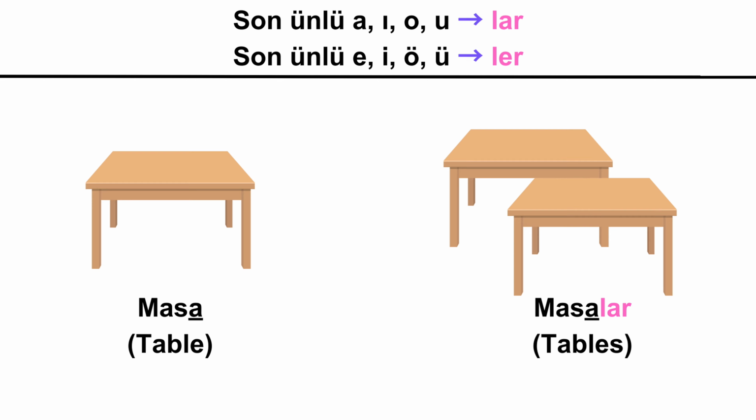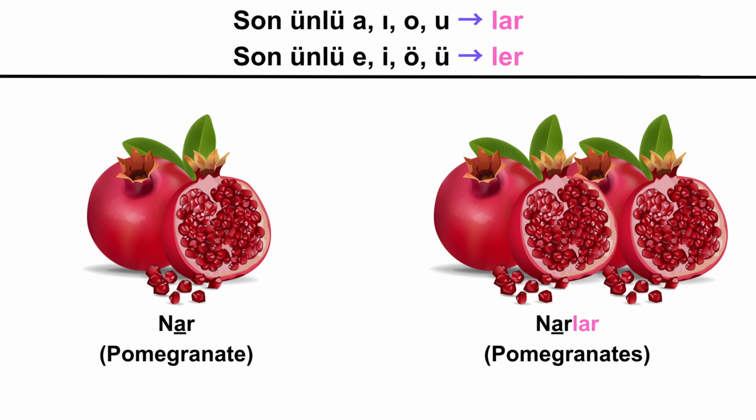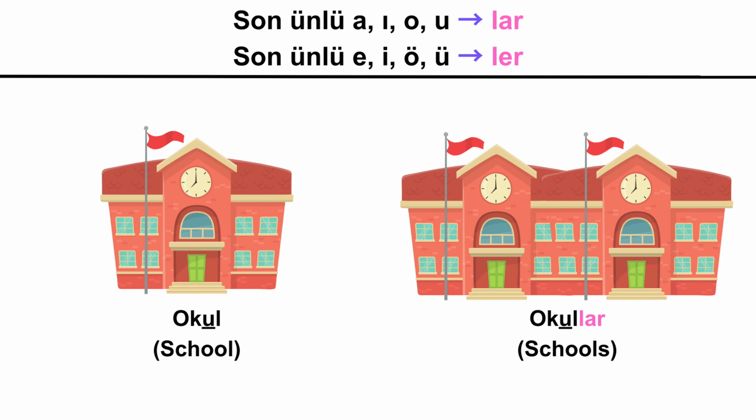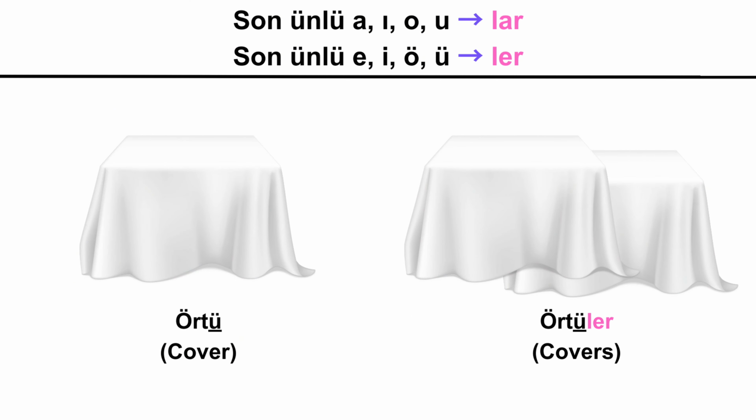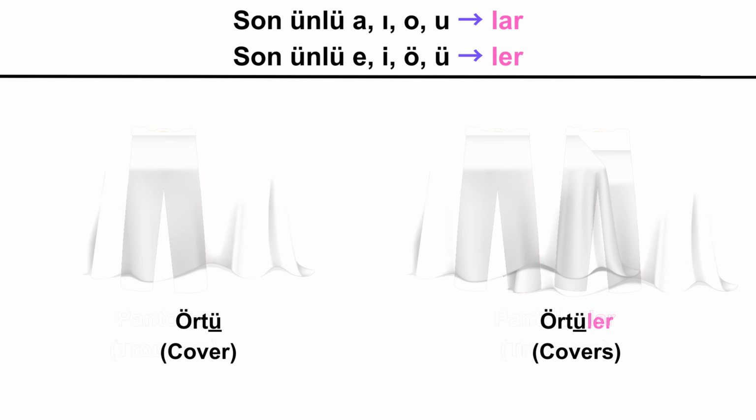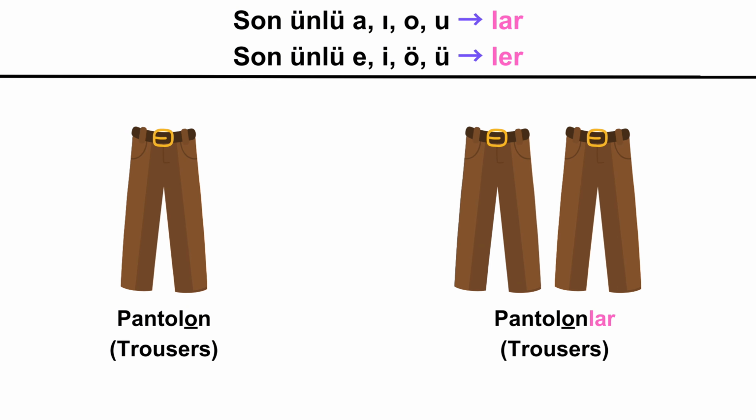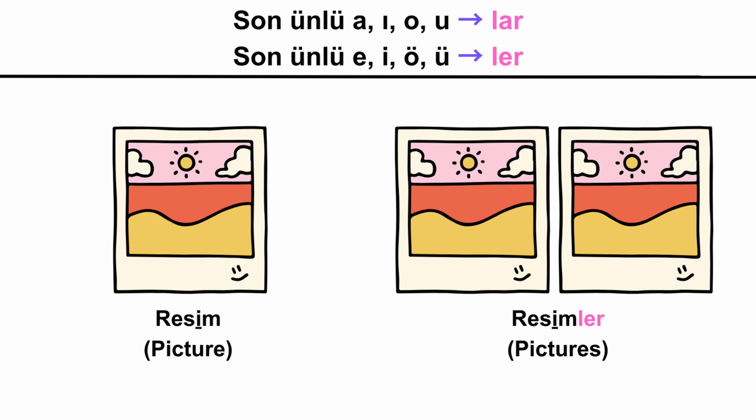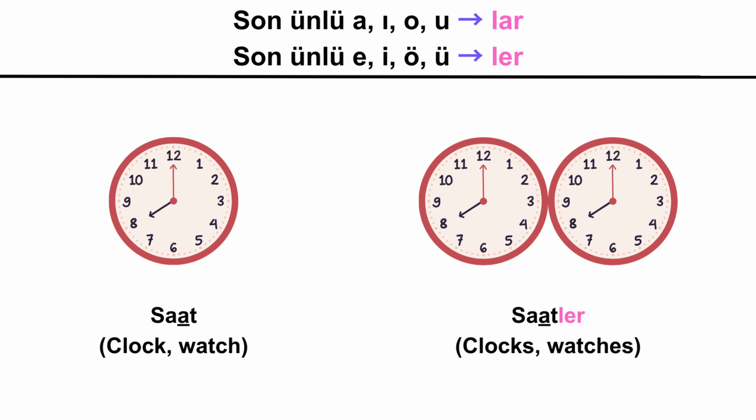Masa, masalar. Nar, narlar. Okul, okullar. Örtü, örtüler. Pantolon, pantolonlar. Resim, resimler. Saat, saatler. Now you know why, despite this word's last vowel being a, we added ler, because saat isn't pronounced like a real a.